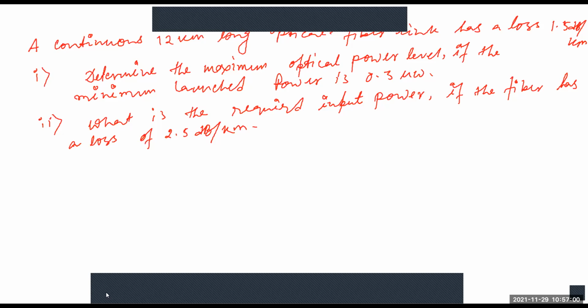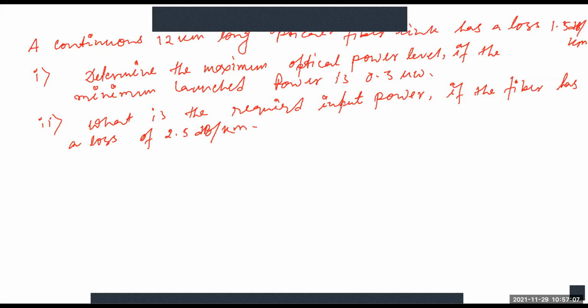Okay, so now we just focus on this problem here. I am erasing this problem. First of all, it is given that z equals 12 kilometer and alpha equals 1.5 dB per km, and P naught is also given, that is 0.3 mu watt.